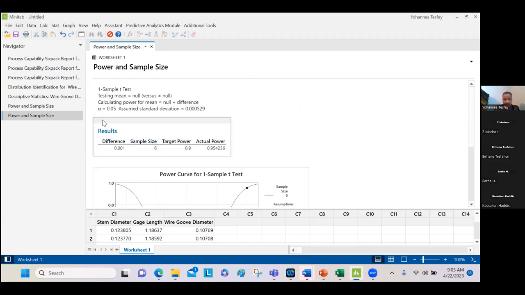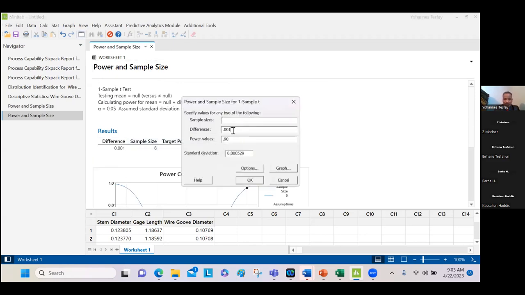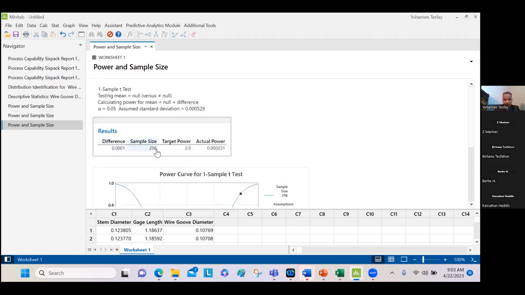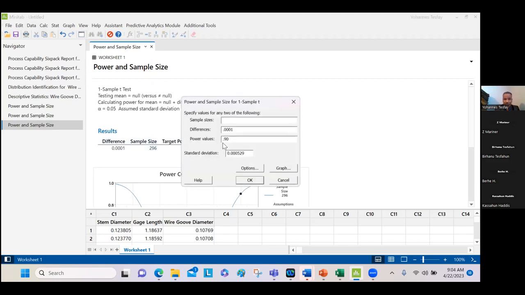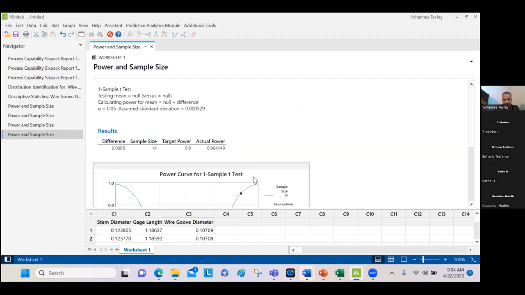Okay, now increase the effect size resolution, just like that, 0.1. Then I'm gonna say okay, 296, that's economically bad. So let me put this one 5, just like that. So that is gonna be reasonable for me for now.